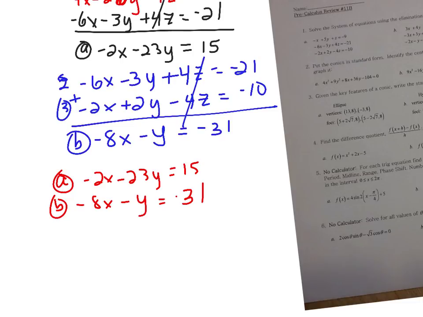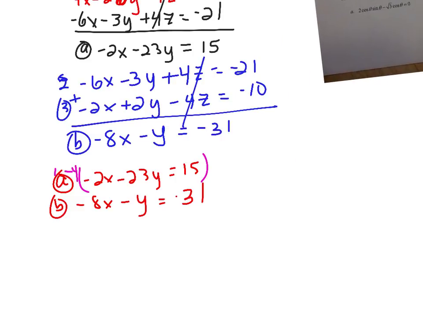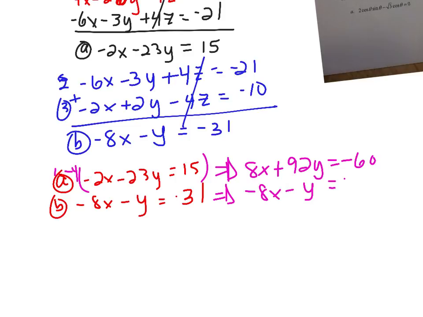And I'm going to multiply the A equation, this one here, by negative 4 so that I get a positive 8x. So let's see here. We get positive 8x plus 92y equals negative 60. The bottom equation I'm going to keep the same: negative 8x minus y equals negative 31.